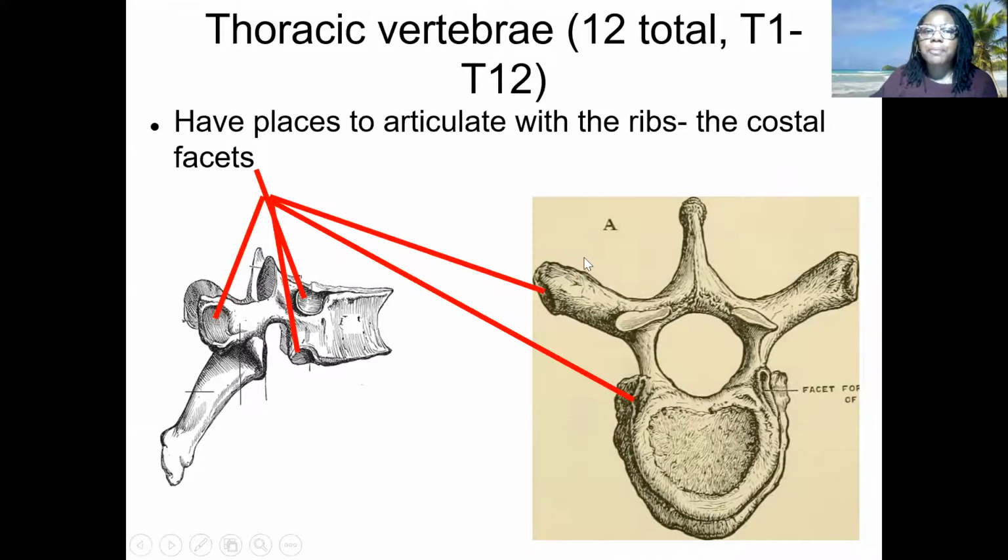So we have the transverse costal facet, the superior costal facet, and the inferior costal facet. The way this works is that a rib is going to articulate, let's say, at the inferior costal facet of this vertebra, as well as the superior costal facet of the vertebra that's sitting below.